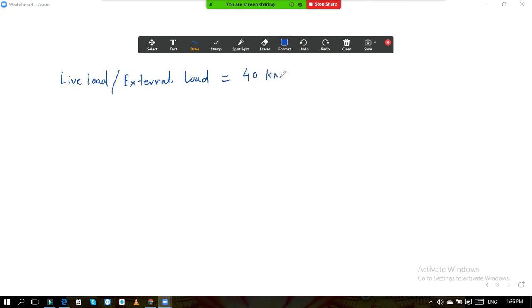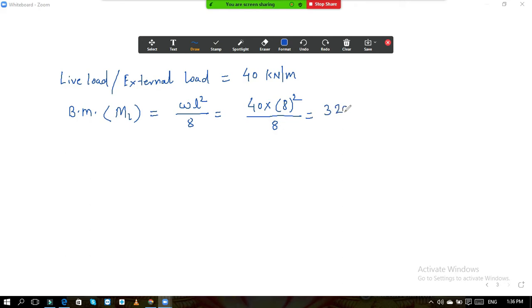So the bending moment due to live load, that is ML, is WL square divided by 8, which is equal to, how much is the value of W? So W is 40 into 8 square divided by 8. So 8 will get cancelled. 8 fours are 32. This is the bending moment.